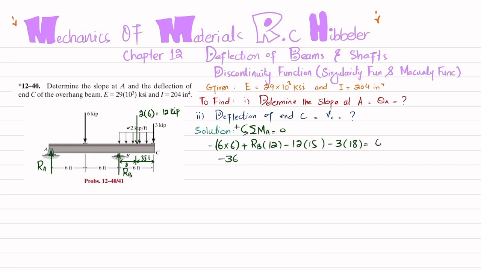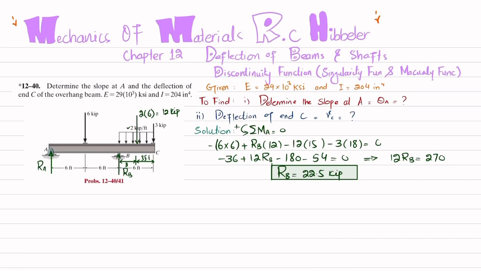So minus 36 plus 12 RB minus 180 minus 54 is equal to 0. From here you will get 12 RB equal to 270, and RB will be equal to 270 divided by 12, which will give you 22.5 kips. So this is the value of RB.